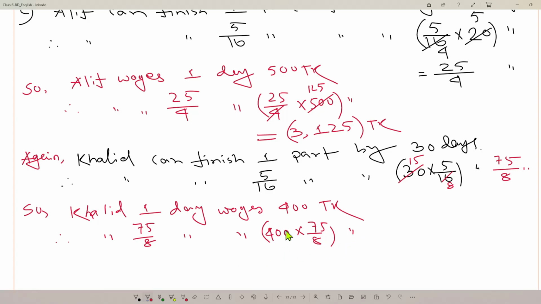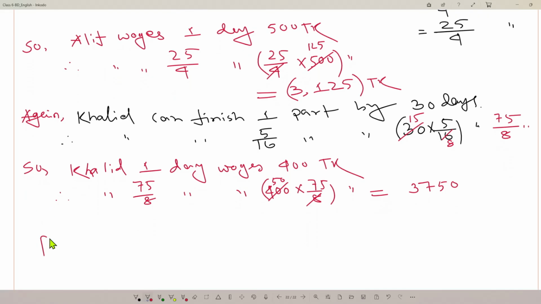So we can divide 400 by 8, so 50 times 75 will be 3750 taka.